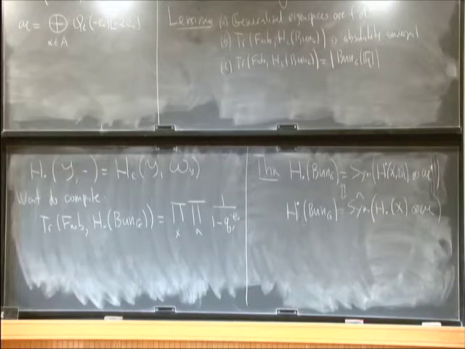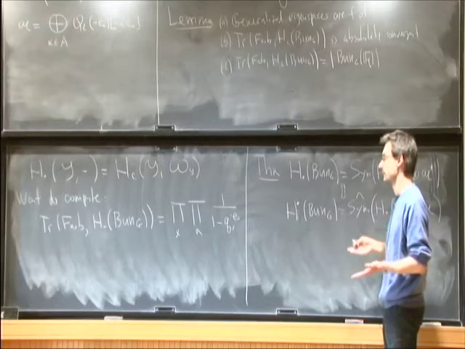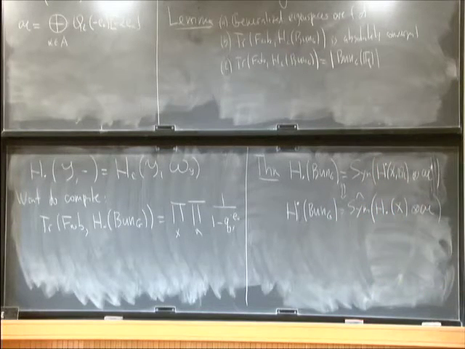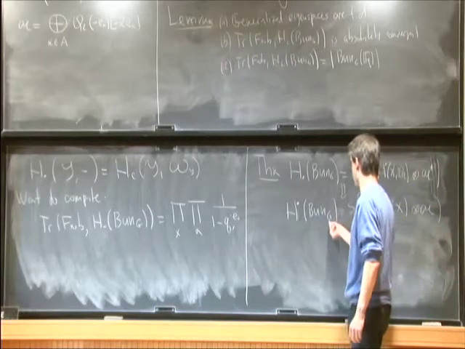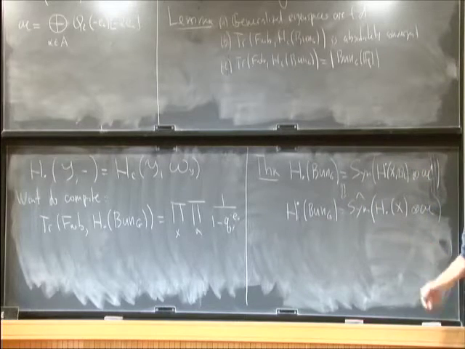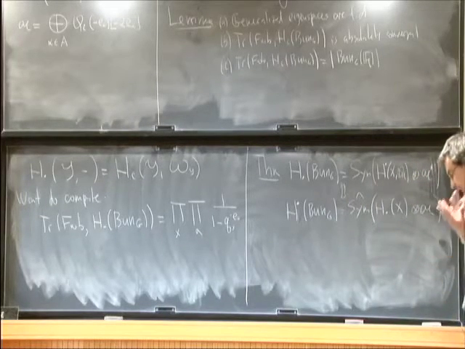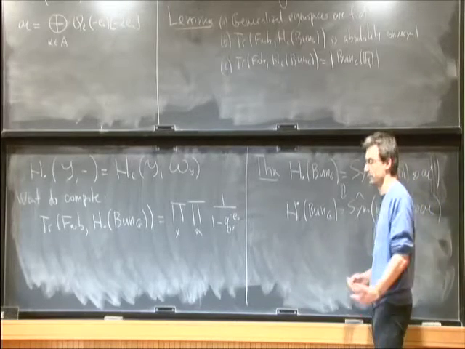Of course, they stated it for BunG for curves over complex numbers. The idea of their proof is that you can uniformize this moduli space, in differential geometry, using connections on the trivial bundle.